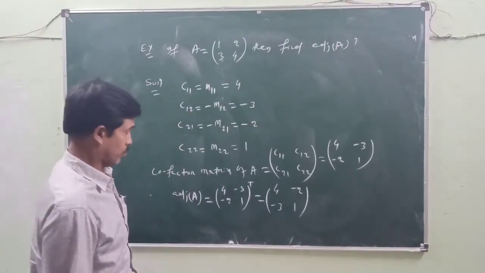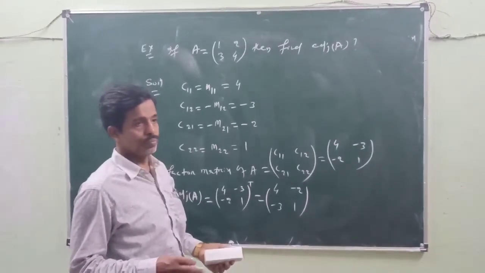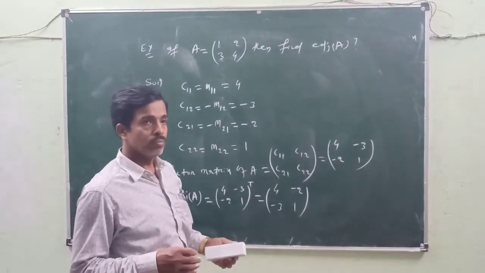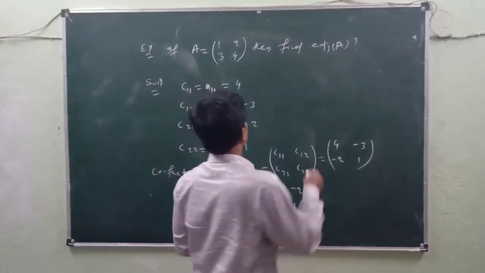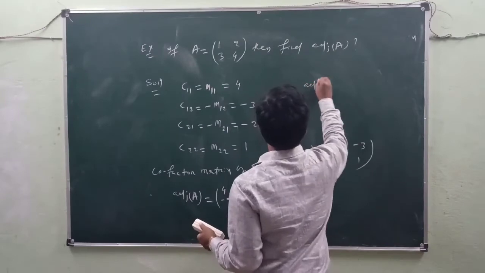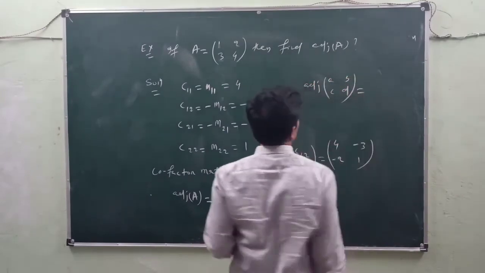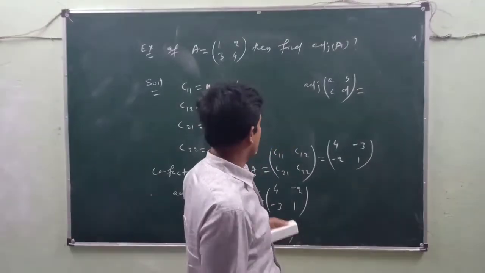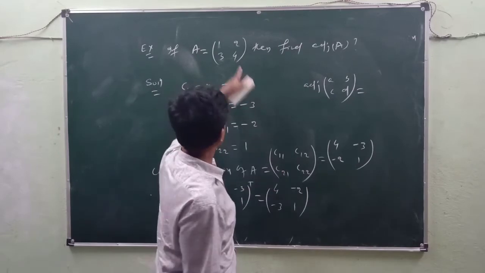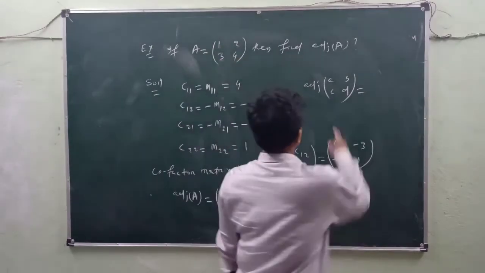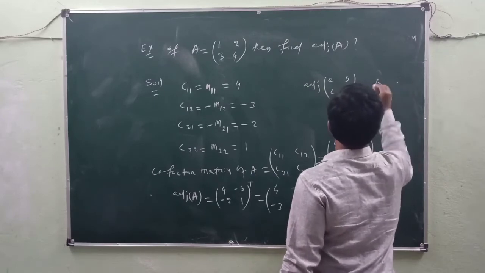Okay. So remember, in a short question, for the adjoint of A where A is [a, b; c, d], look how you find it directly. Here 1 becomes 4 and 4 becomes 1, so the diagonal elements are interchanged.